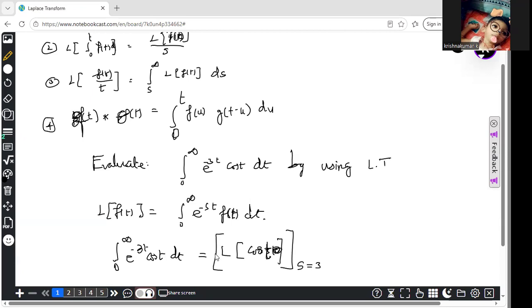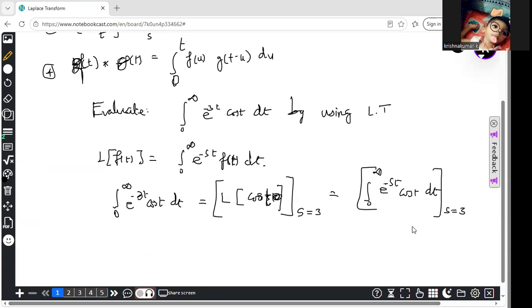Because if you rewrite this expression, the Laplace transform of cos t will be the integral from 0 to infinity of e power minus st cos t dt, isn't it? This is the basic definition. But for the given problem, in the place of s we have 3. So after finding this Laplace transform, you put s equal to 3, then you get the original result. This is the application problem.